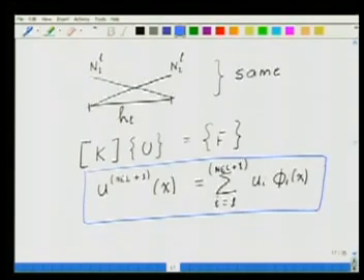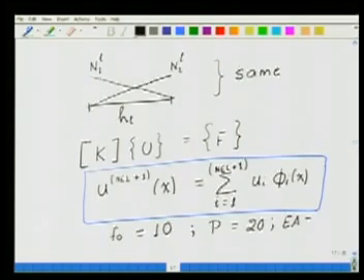So, what I would like is, as an exercise, you can take F0 equal to 10, P equal to 20, EA equal to 1, and solve this problem using 2, 4, 8 or 16 elements and so on, of uniform mesh size.